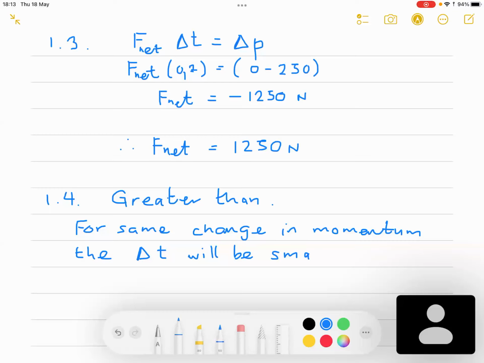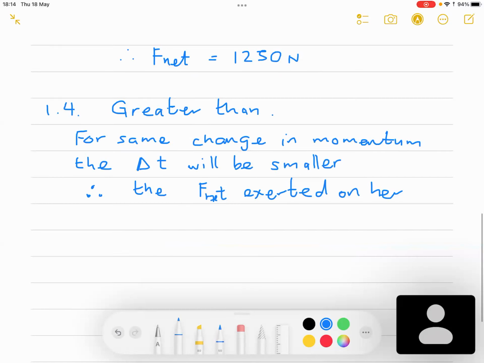So for the same change in momentum, the delta T will be smaller. And therefore, the upward force, or the net force, F net, the net force exerted on her will be greater.